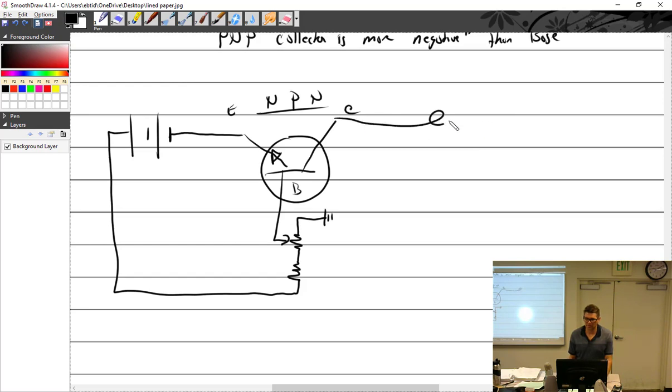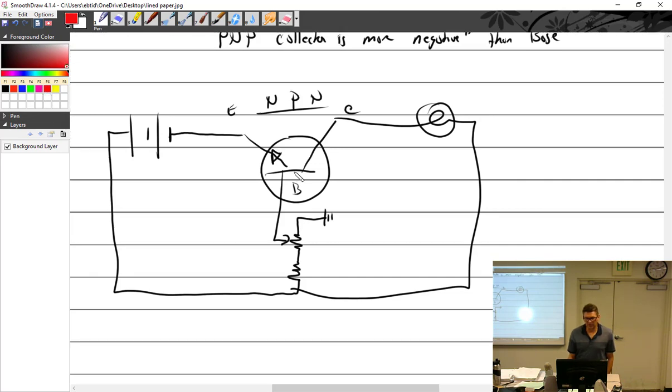Do this. Be consistent. There we go. All right. So there we have that. Okay. These are called biasing resistors, which help to actually set the bias up and give you some control. And we'll show that in a little bit.